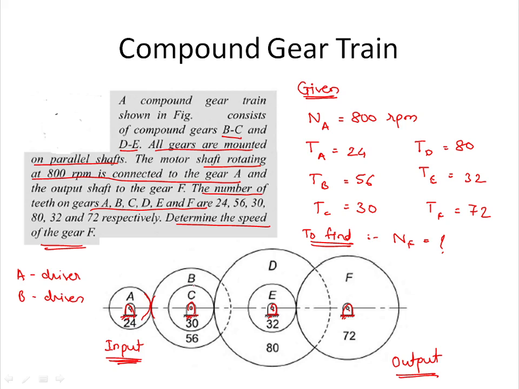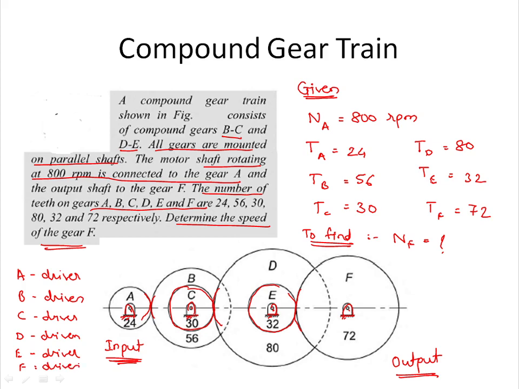Now B and C are on the same shaft. So as B is rotated, C will also be rotated. Now let's see here. Gear C is in mesh with gear D. So that's why C is my driver and D is my driven. Now here E is in mesh with F. So gear E will be my driver and gear F will be my driven.